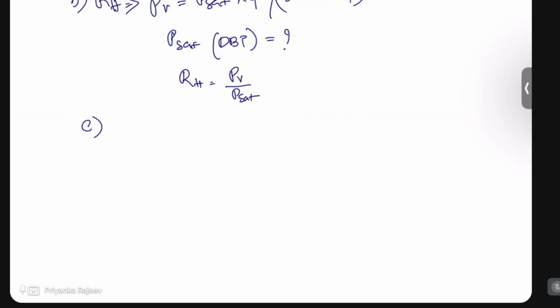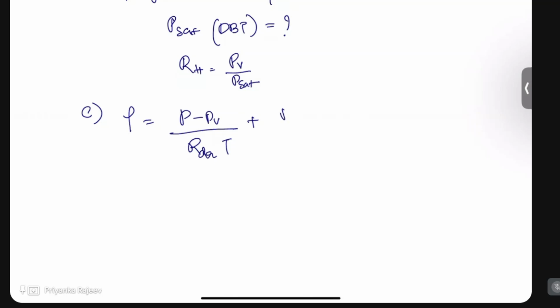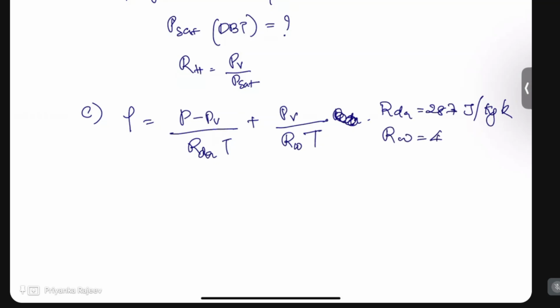Next is density. Density equals P minus PV by R dry air times T, plus PV by R water times T. So RDA equals 287 joule per kilogram Kelvin, RW equals 461 joule per kilogram Kelvin, and T equals 309 Kelvin.